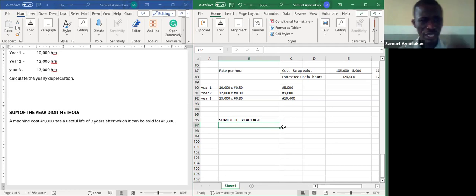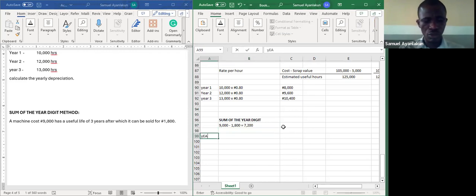So let's remove the 1,800 from the 9,000. 9,000 minus 1,800 gives us 7,200. So we will be working on 7,200.